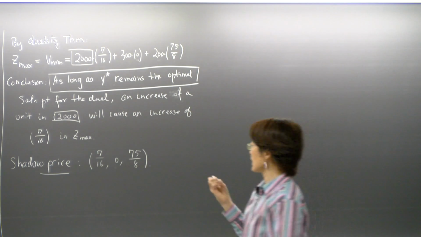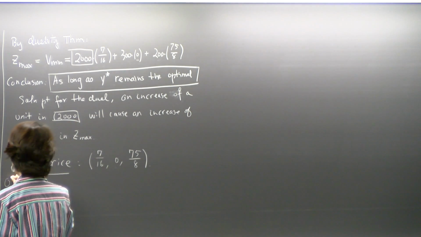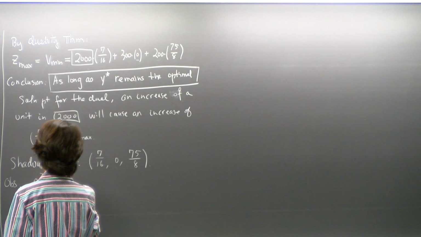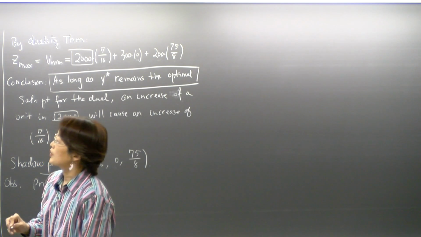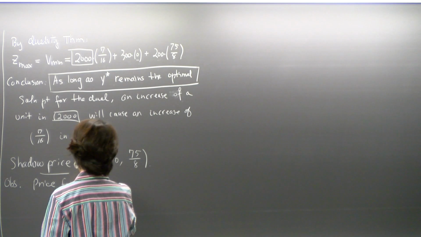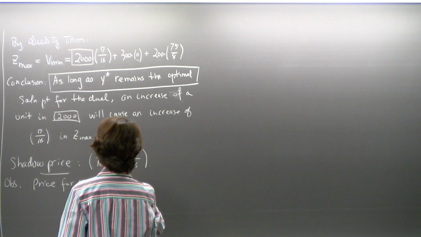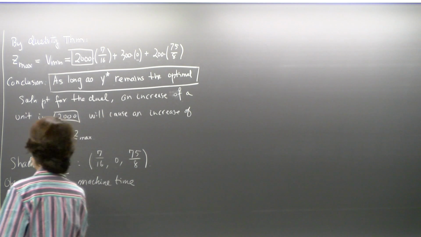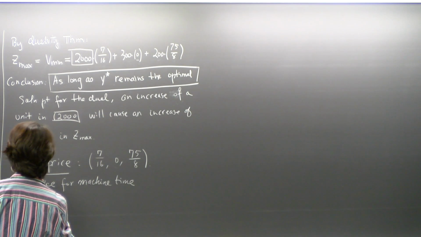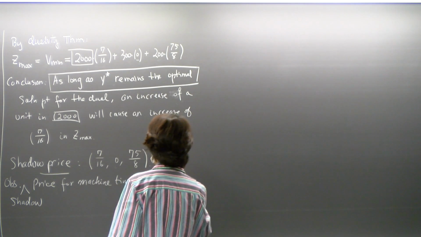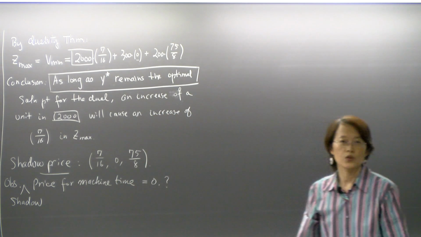Let's pinpoint what is causing it. So I make this curious observation. The shadow price for machine time in this part is 0, and I'm curious, why?